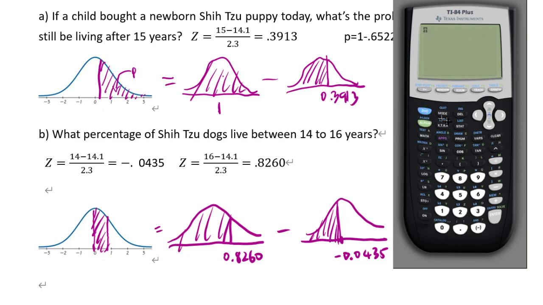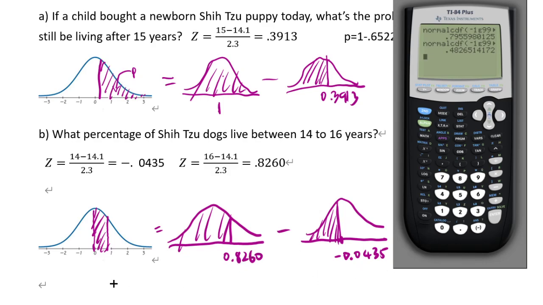So again, you want to do second vars, normal CDF, and put 0.8260, enter, and that's 0.755 or 0.756, and then do second vars, normal CDF, and then put negative 0.0435, enter, and you have to subtract the two.